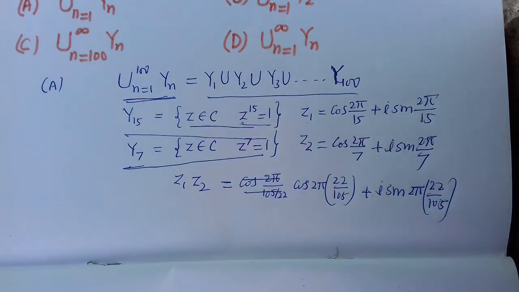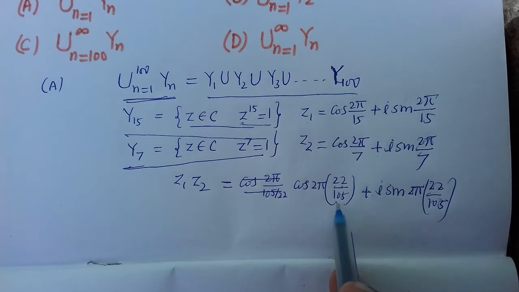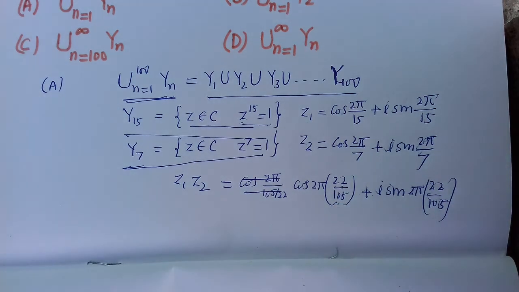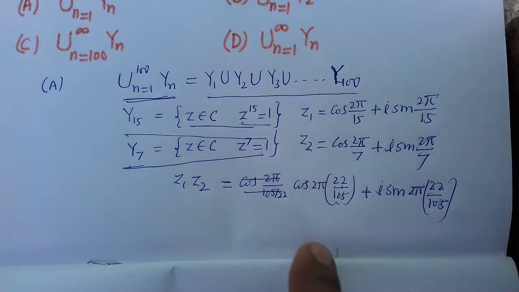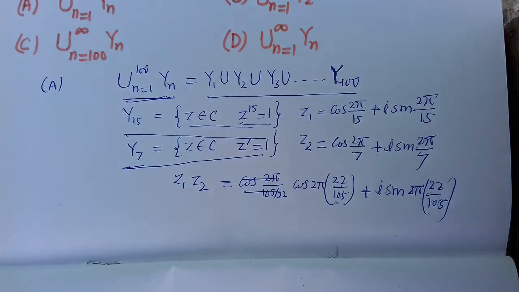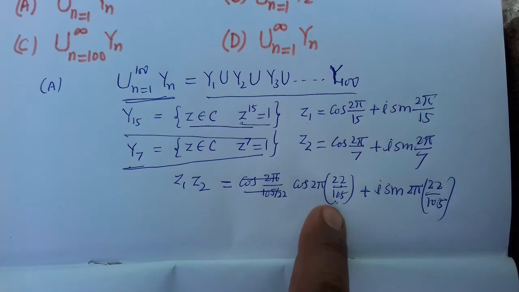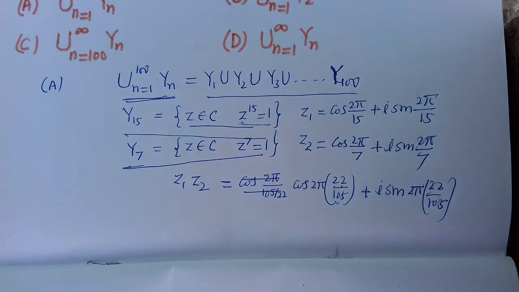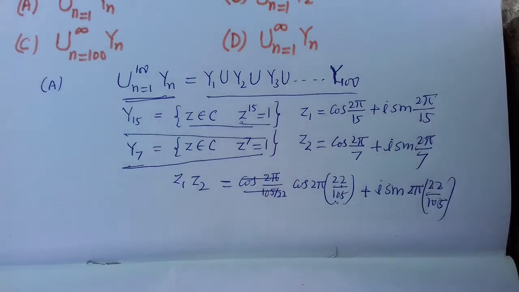This is a complex number, but you must see that this rational number is in lowest form. You cannot cancel any number from 22, because the HCF of 22 and 105 is 1. So this ratio 22 by 105 is in the lowest form.